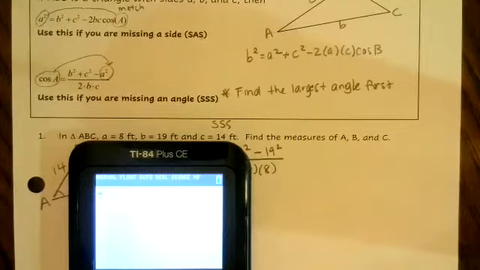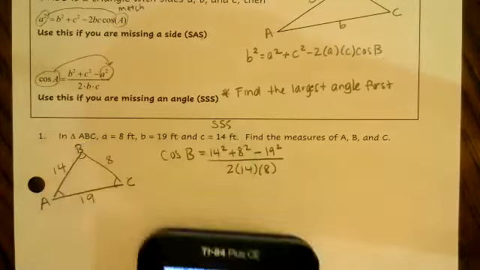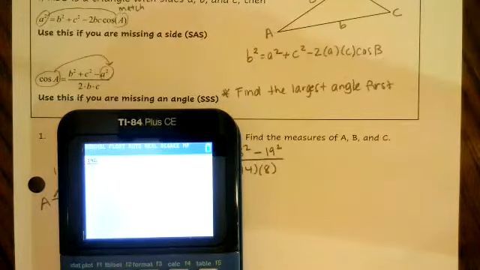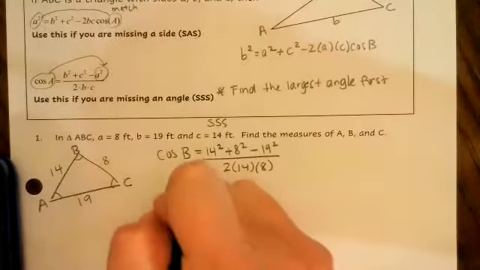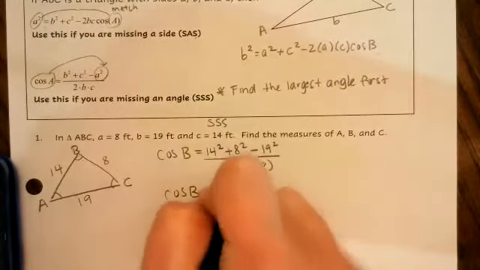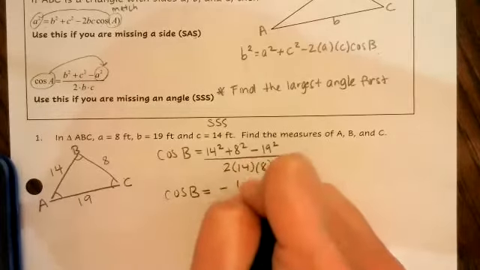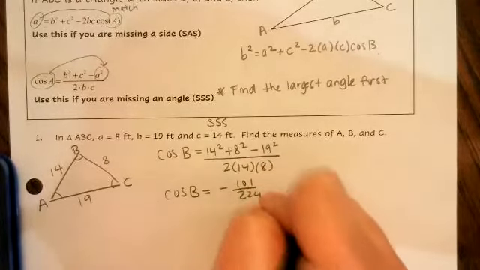All right, so here we're going to plug in 14 squared plus 8 squared minus 19 squared, all over 2 times 8 times 14. So I've got it set up just like the fraction on my paper. I hit enter, and it does give it to me in a fraction, which is great. So we've got cosine B equal to negative 101 over 224.